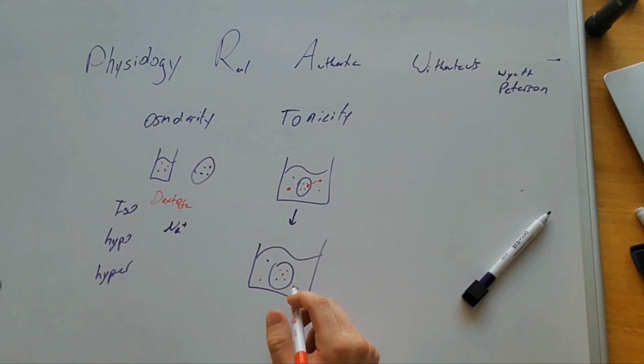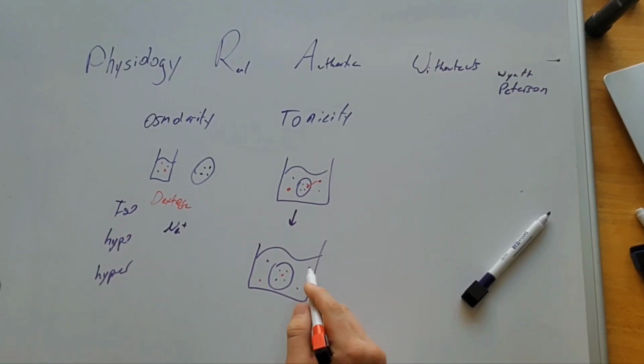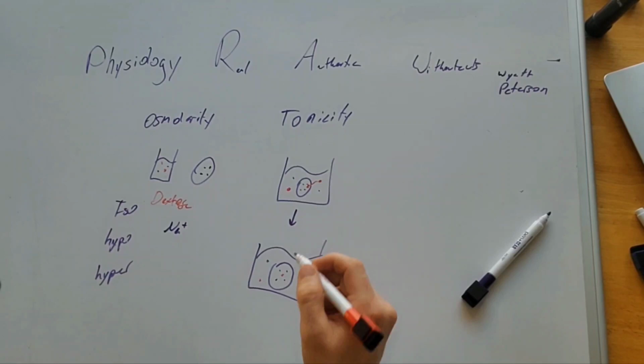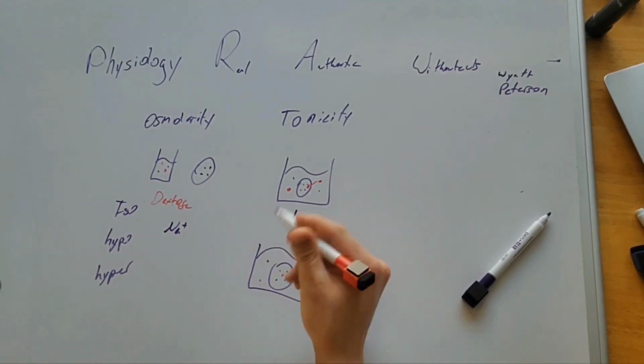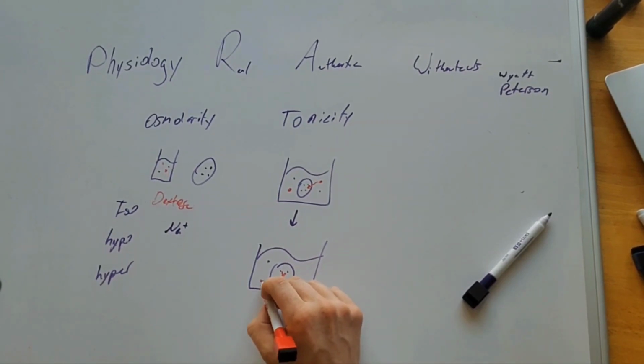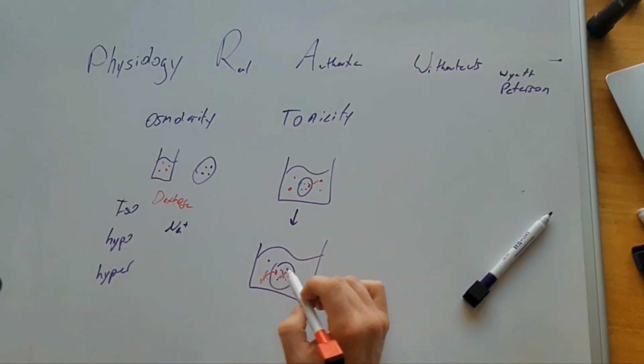What happened here is now the solution is hypotonic to the cell. And actually, in this case, the cell metabolizes the dextrose and it'll go away. And eventually, even more dextrose will go inside of the cell, getting metabolized.